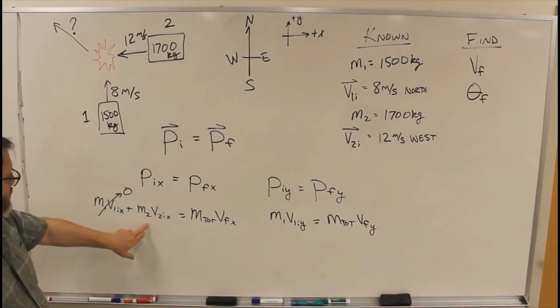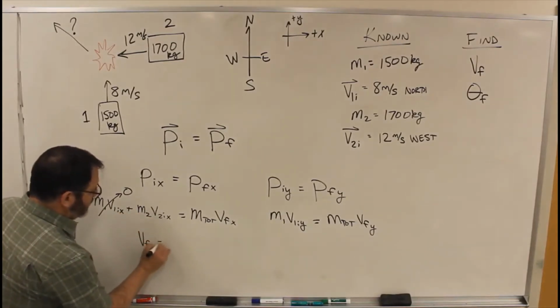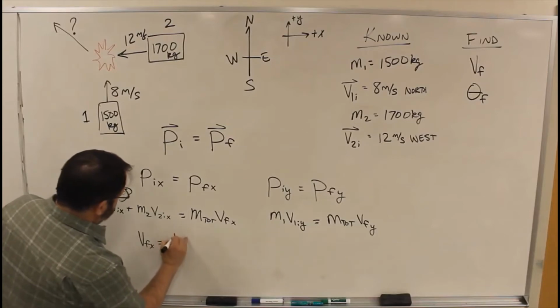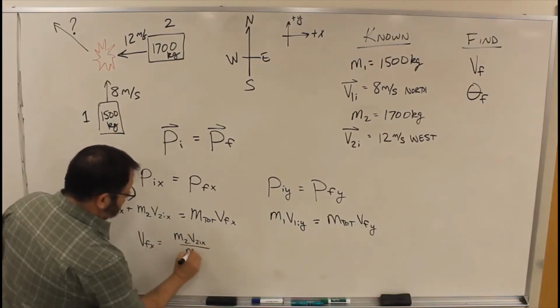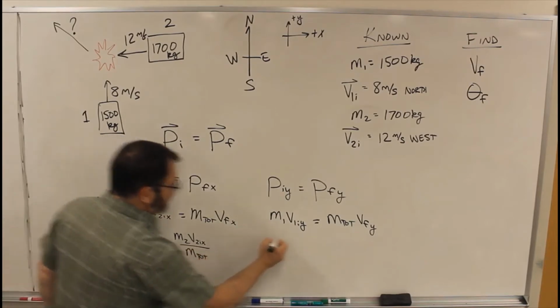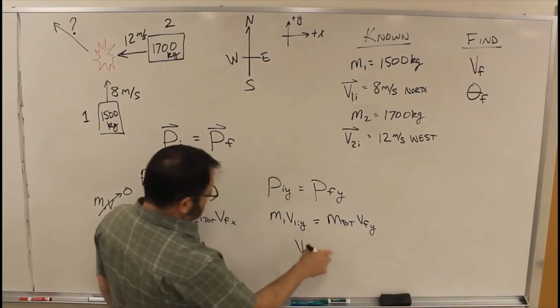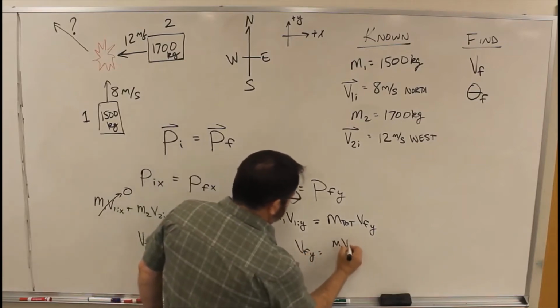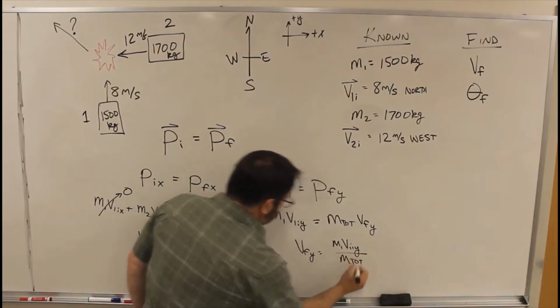So we have V final in the x direction is M2 V2 initial x over M total. And over here, V final in the y direction is M1 V1 initial in the y direction over M total.